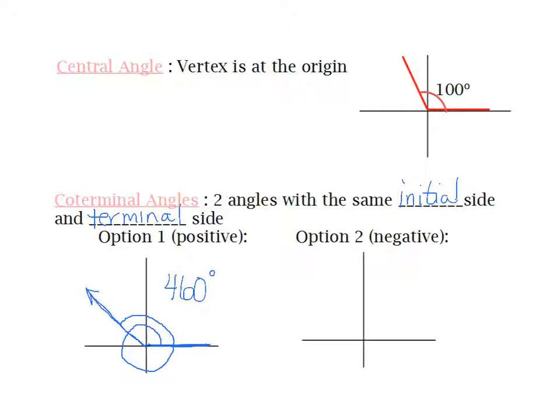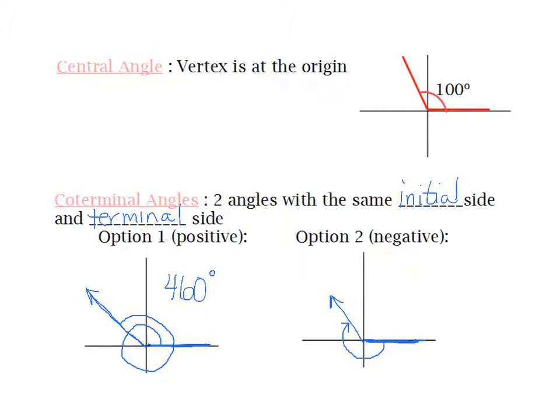To make a negative coterminal angle, I still have to start at my x-axis, and I'm still going to have to end here, but instead of going counterclockwise, I'm actually going to back up and go clockwise around this way. What do you think that angle measurement would be? Well, if I went backwards, I've got to call it negative. How many degrees negative did I go there?